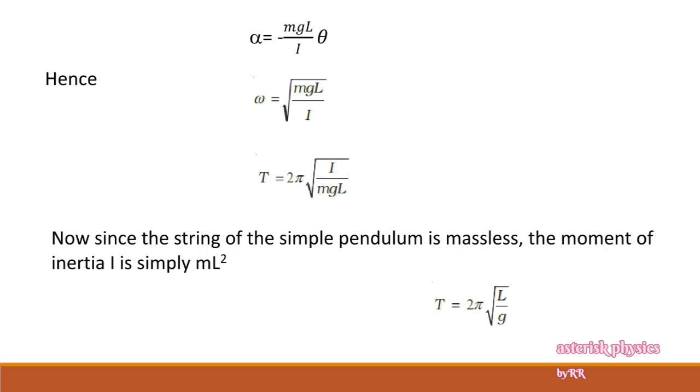On cancelling the terms, we'll get T is equal to 2 pi into root of L by g, which is the required equation for time period of a simple pendulum when it executes simple harmonic motion. So, time period T is equal to 2 pi into root of L by g.